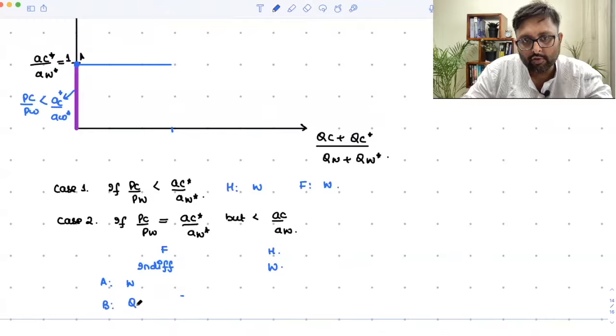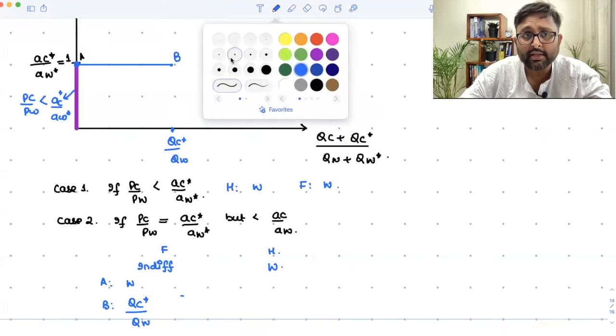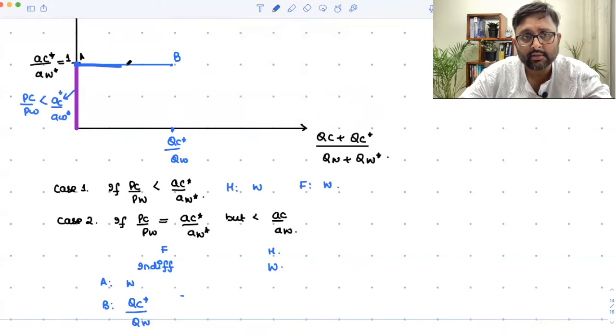So home country is only producing QW, and foreign country here says, I'll be producing all cheese, that is QC star by QW. So this is point B. This is exactly the same as what you did in the last class.